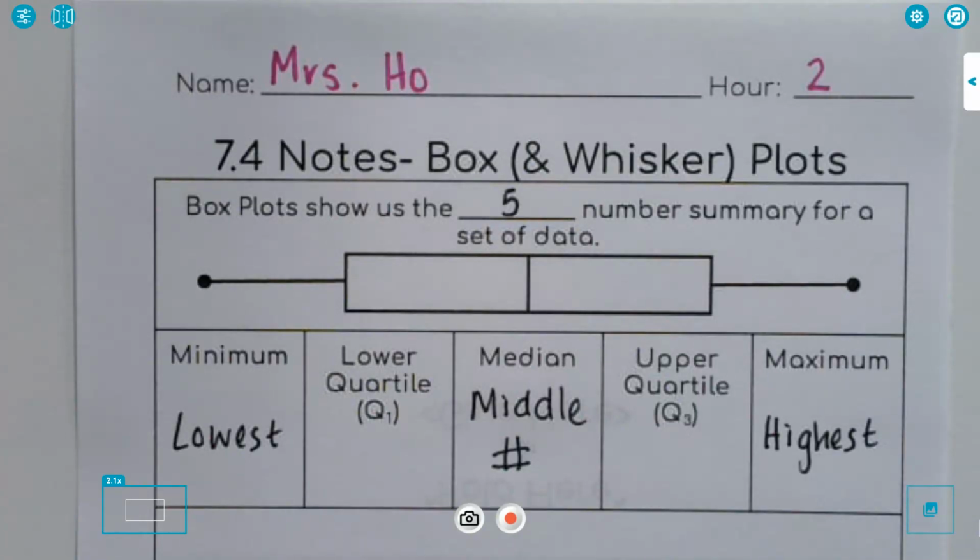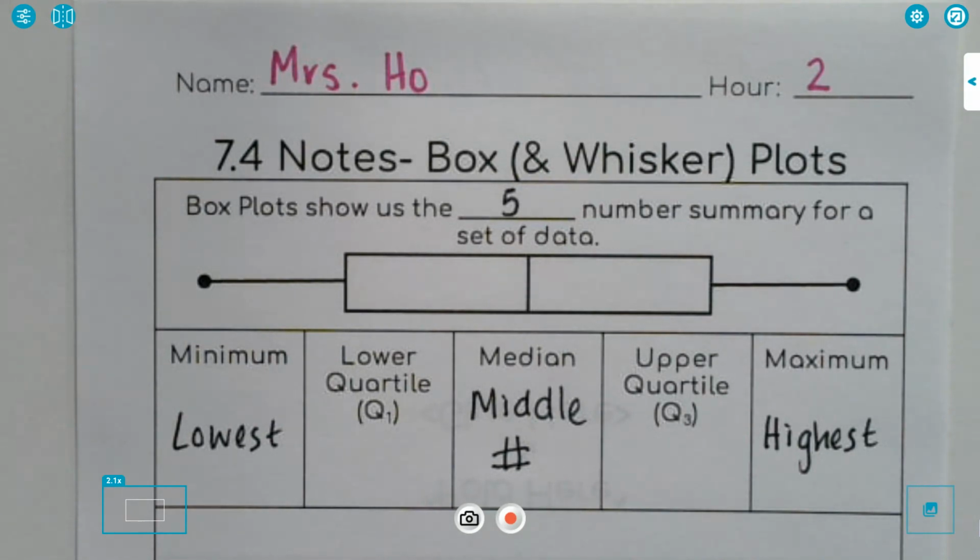The 2 new pieces today are what's called our lower quartile and our upper quartile. If you take all of your data and split it in half with the median, that's 50% of your data. If you split each of those 50% in half, how much is that? A quarter, or 25%. 25 cents is a quarter, 25% of a dollar.